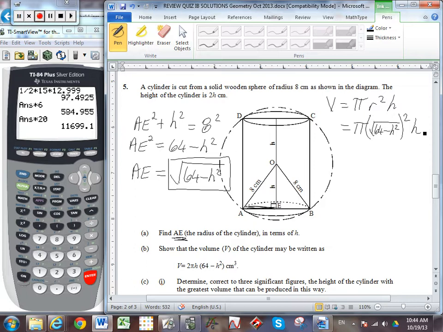The height of the cylinder is not just one of these h's, it's 2 of these h's. And so I've got to actually replace my height here with a 2h, because that's what our height is of the cylinder. It's a little confusing that the h becomes a 2h, but look, the h in the formula represents the height of the entire cylinder.